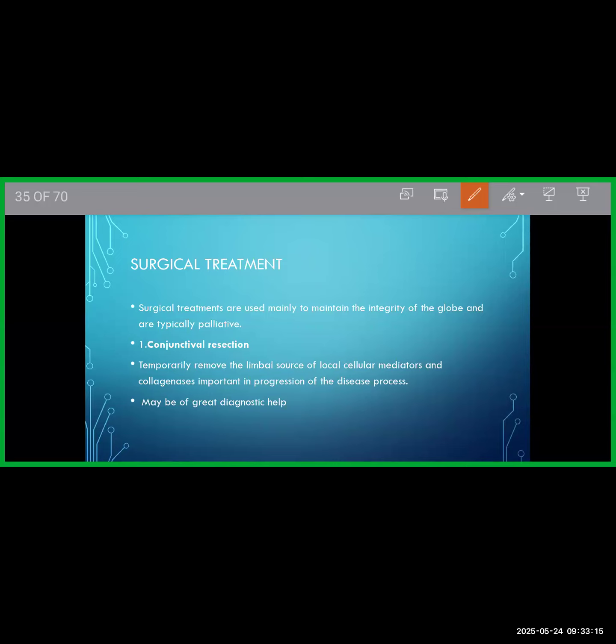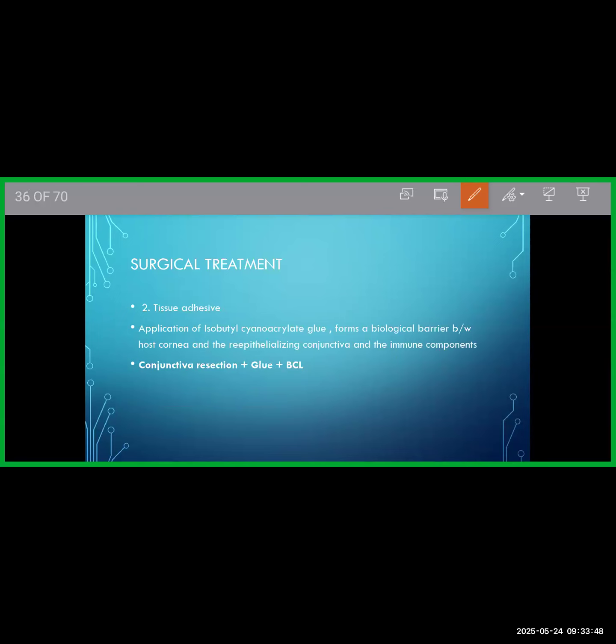So it is believed that removal of the conjunctiva will limit the access of these autoantibodies to the peripheral cornea, and this conjunctival resection may be of great diagnostic help, since the conjunctiva that is taken should ideally be sent to histology for analysis.